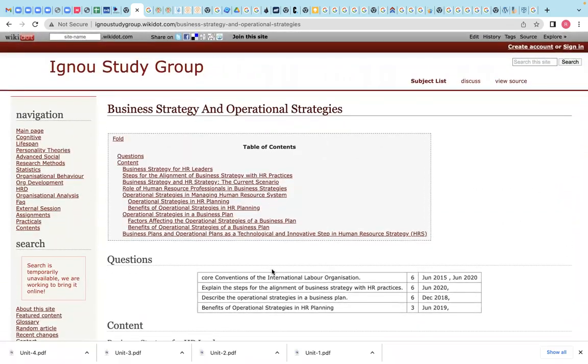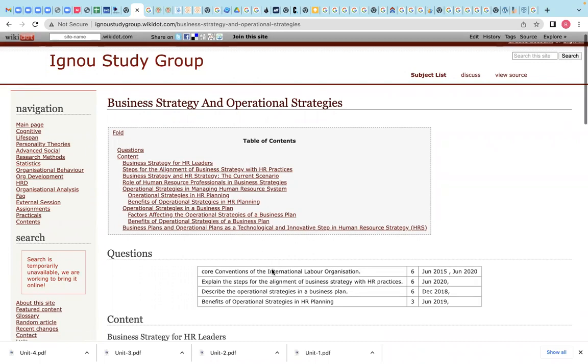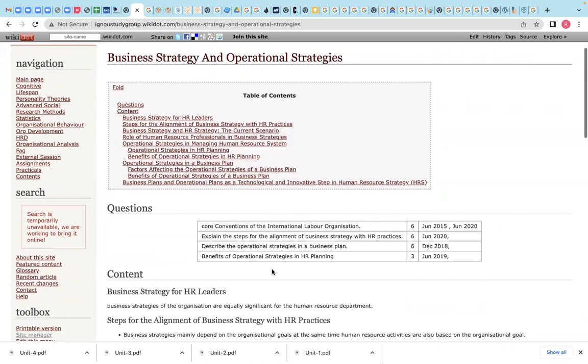Okay, so now we are going into the next unit, which is business strategy and operational strategies. Here it talks about the alignment of business strategy with HR strategy.